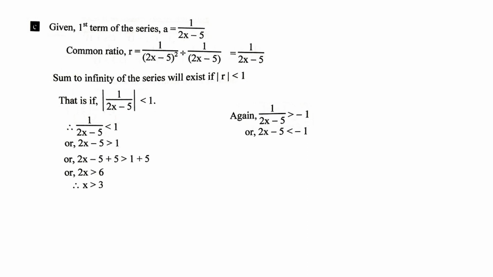Similarly, if we reverse it, we'll get 2x - 5 less than -1. The sign of inequality will be changed. Adding 5 on both sides, we get 2x - 5 + 5 less than -1 + 5, or 2x is less than 4. Therefore, x is less than 2.